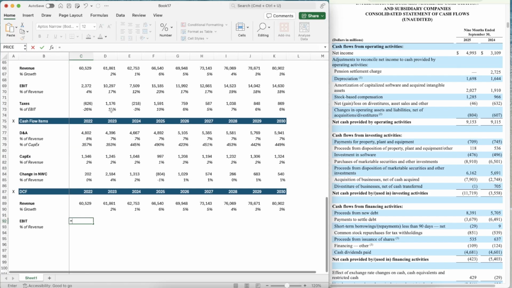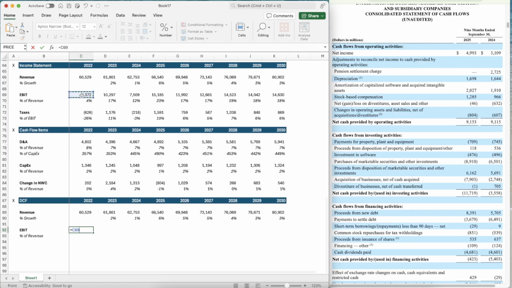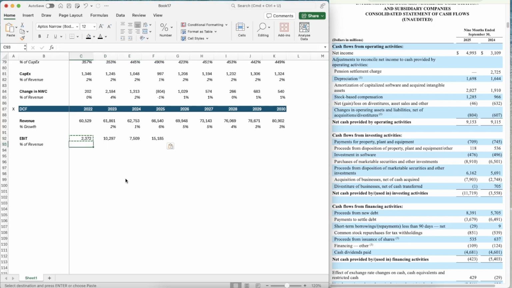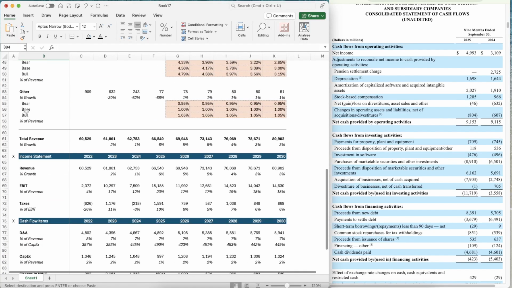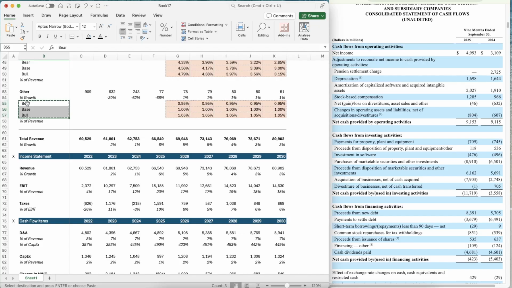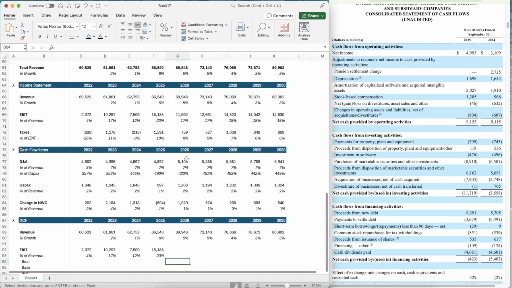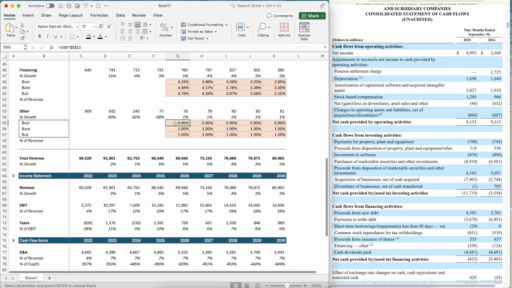So as we've done, make this again equal to here, but only pull it up to 2025. Below, we can just pull this.